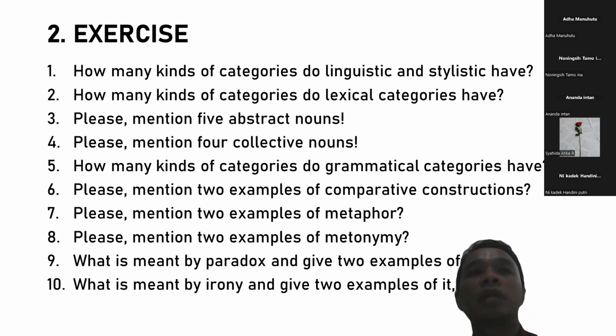So please prepare yourself, and I hope next week you will arrange the team or group that will present our next topic. Our fifth meeting must be presented by the students' group.